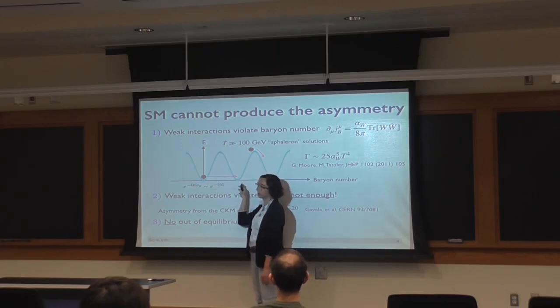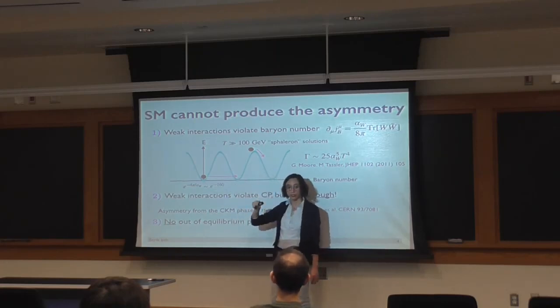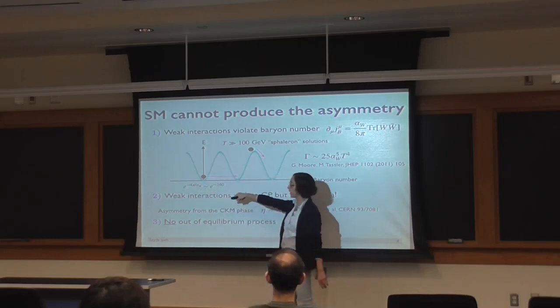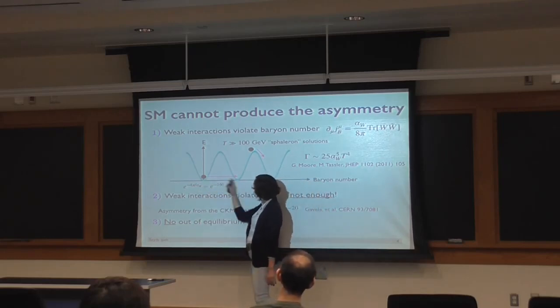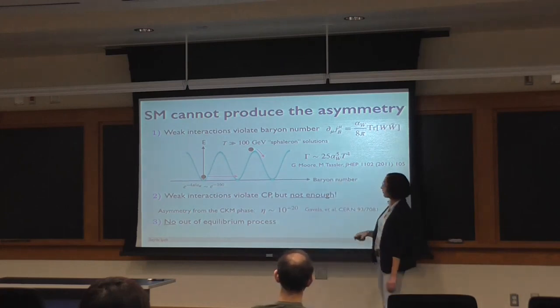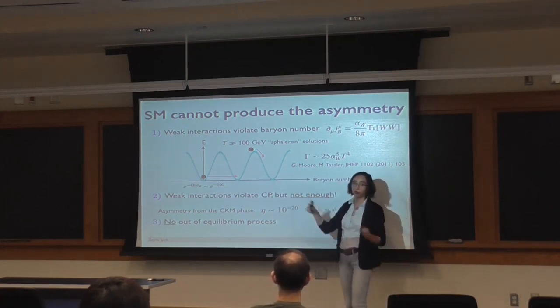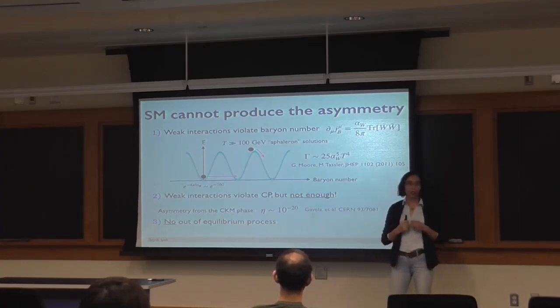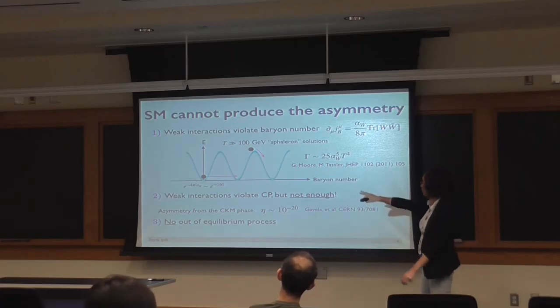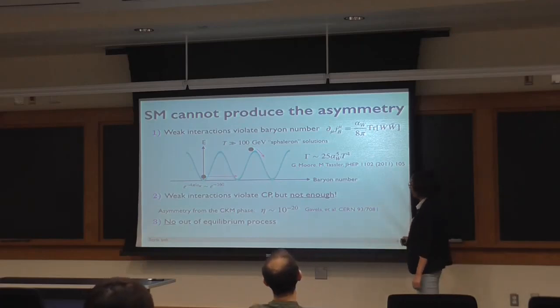And tunneling is a very suppressed process. It is suppressed exponentially, actually. So in the standard model, the rate of this tunneling process is about e to the minus 160. It is a very small number. This is why we don't expect to change the asymmetry; we are basically stuck with the asymmetry we have right now. So we don't expect it to change because of this suppression.